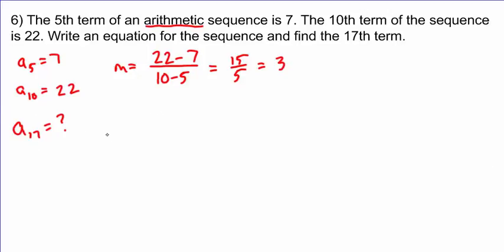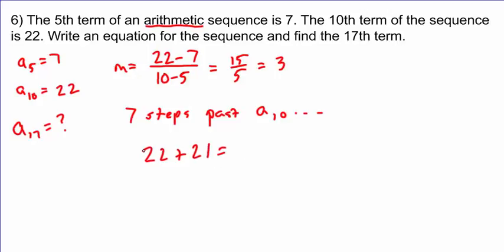So if I'm going to a sub 17, I'm essentially saying that's 7 steps past a sub 10, right? And if I go 7 steps past a sub 10, that means 21 more spaces, because each number in the sequence increases by 3, so it's going to be 22 plus 21, which is 43.